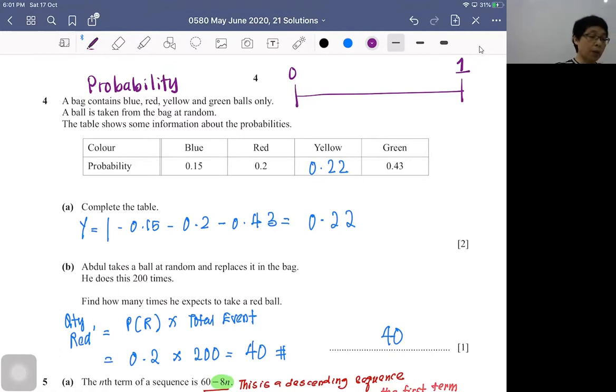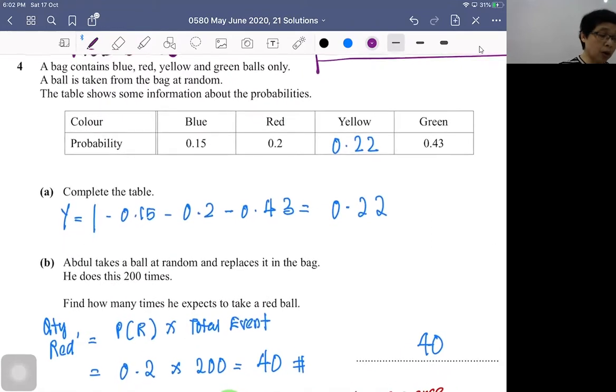In other words, in a bag of blue, red, yellow, green balls, everything adds up, we're supposed to get 1 for all of them. So now, if you have the probability to draw the blue is 0.5 and to draw the red is 0.2, then all these numbers are supposed to sum up to 1.